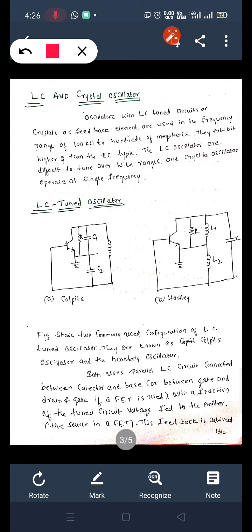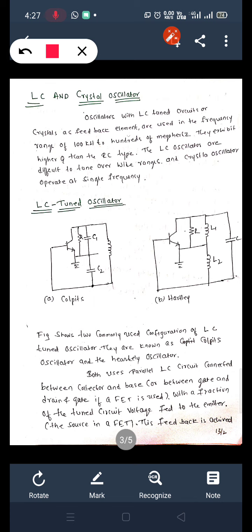Both use parallel LC circuits connected between the collector and base, with a fraction of the tuned circuit voltage fed to the emitter, which is usually the source in a FET.